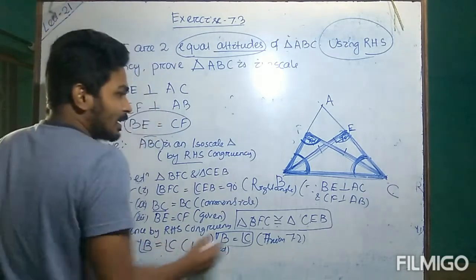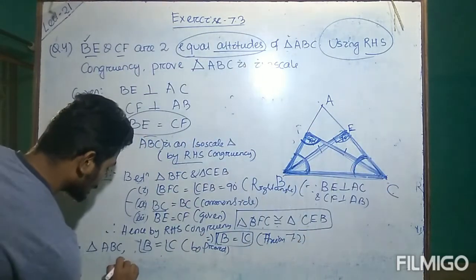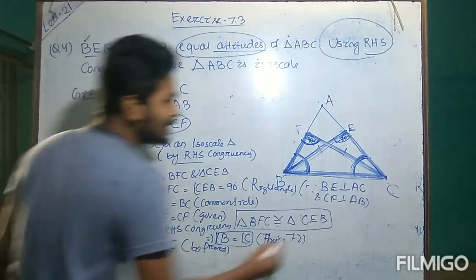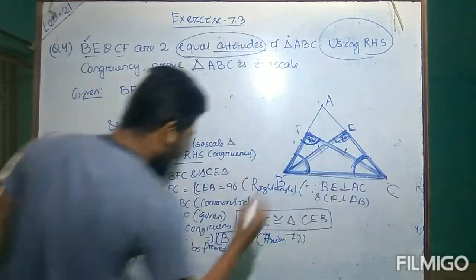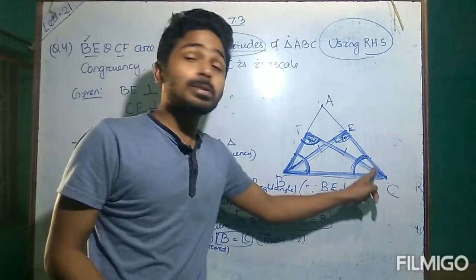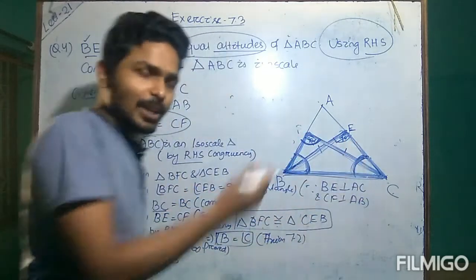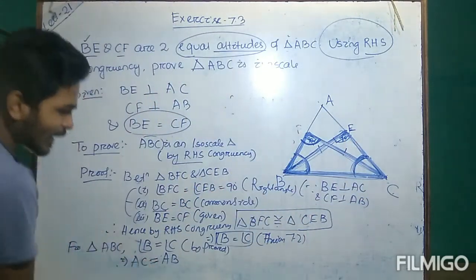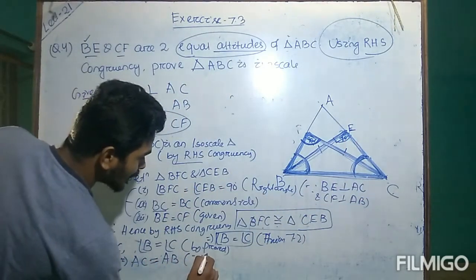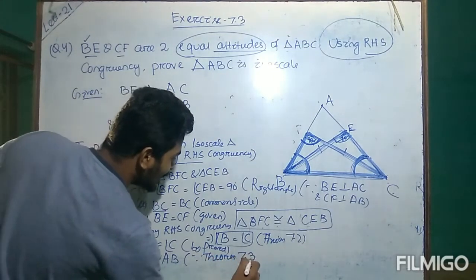Now, the opposite side of angle B is AC, and the opposite side of angle C is AB. So since B angle is equal to C angle, by theorem 7.3, the opposite sides must be equal. So AC must be equal to AB, by theorem 7.3.